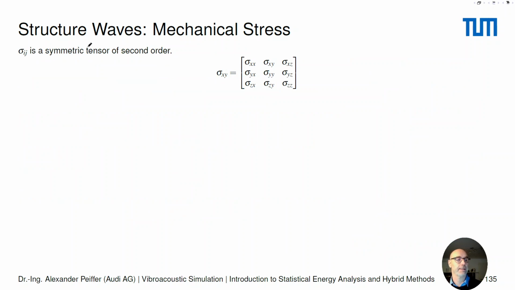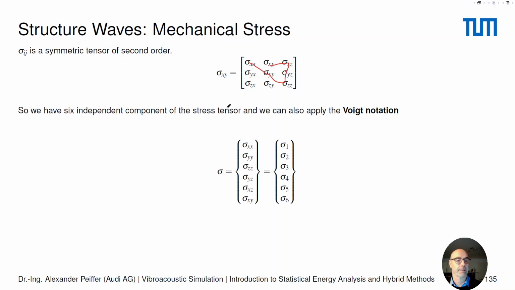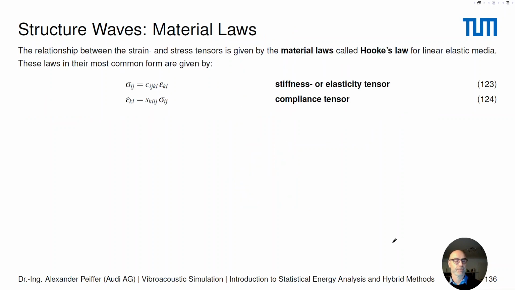So we again end up with a symmetric matrix, or a symmetric tensor of second order. And we can again apply the Voigt notation with the same convention. So the path goes like this, and we have replaced this matrix by a 6-component vector. Good. So far for stresses and strains.